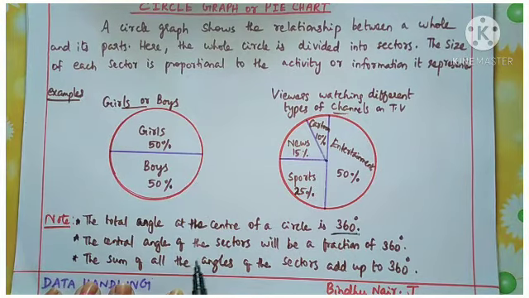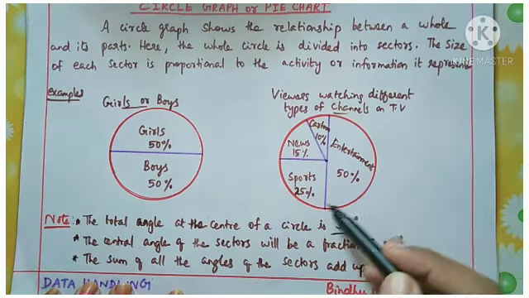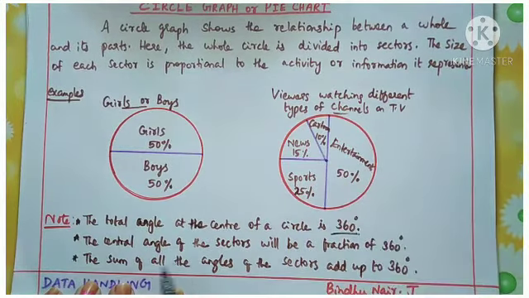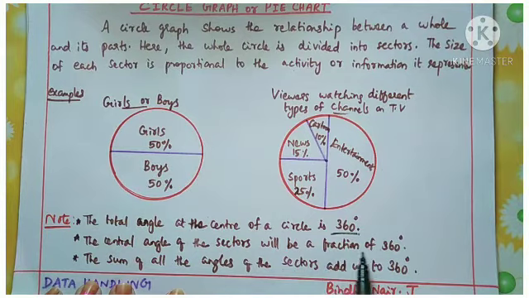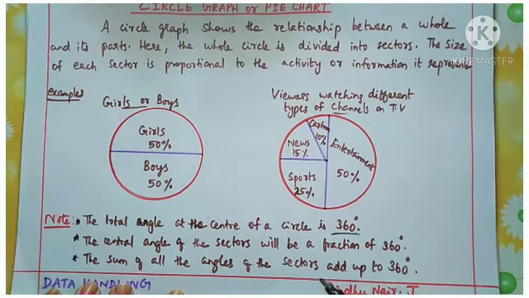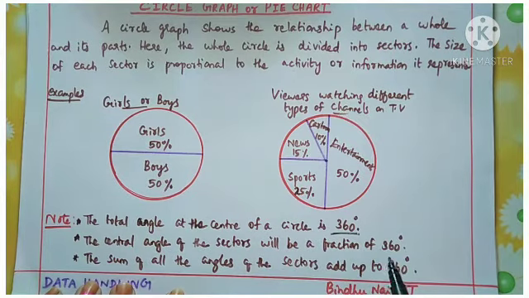Then the central angle of the sectors will be a fraction of 360 degrees. That means the whole circle is having 360 degrees and the angle of each sector will be a fraction of 360 degrees, that is part of 360 degrees. We need to find out the angle of each sector, and that each sector angle will be a fraction of 360 degrees.